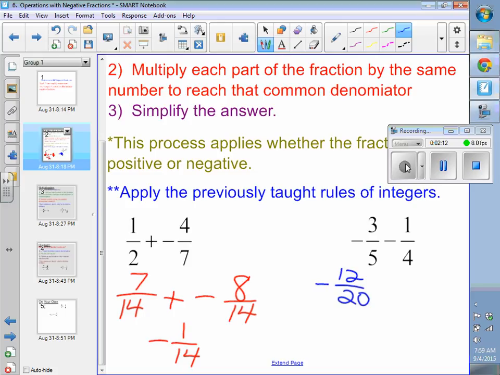And then we rewrite, I'm going to do this in the same step, we rewrite subtraction as addition and add the opposite of 1/4. And we're going to multiply both of those by 5. So now we're adding two negatives, so we're going to add, and we get 17/20, and the sign was negative, so we apply that sign.